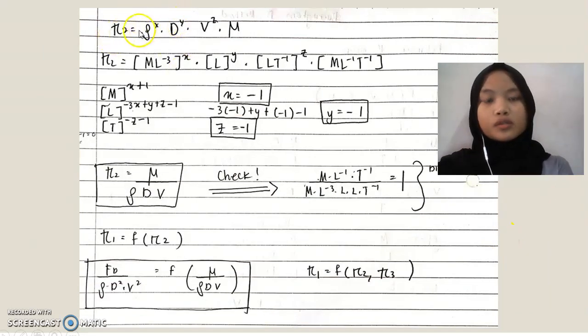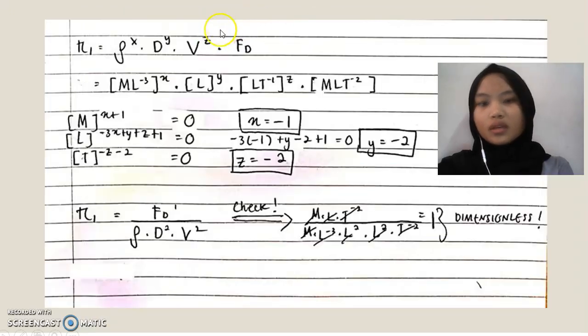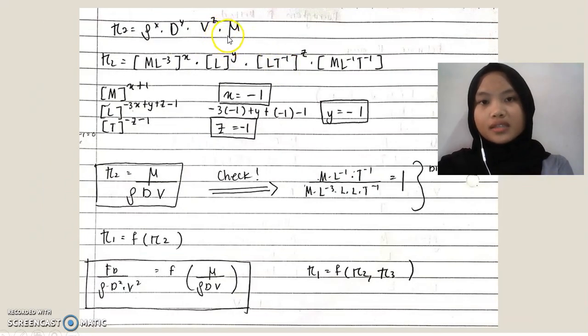For the second pi group, we do the same thing, but with mu. We multiply with mu instead of the drag force as for the first pi group. Then we solve it, then we have the second pi group, and we check whether it is dimensionless, which means it will cancel out each other and give 1 as an answer.